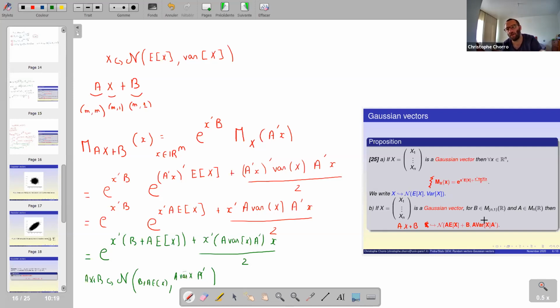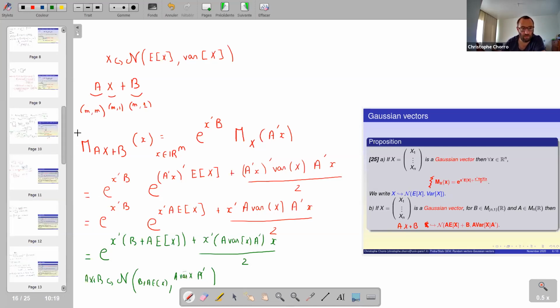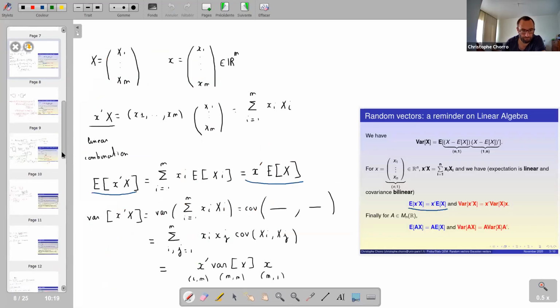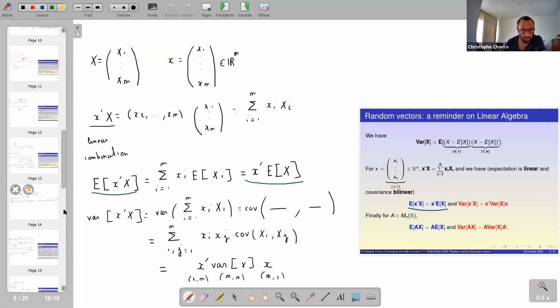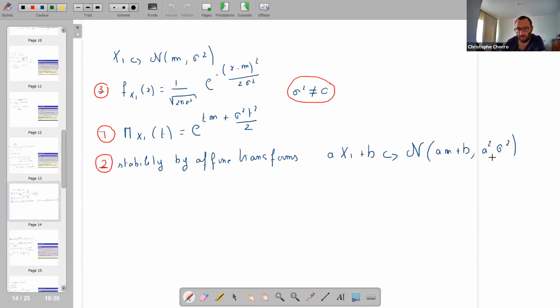So when you linearly or affinely transform a Gaussian vector, you obtain a new Gaussian vector and you know exactly what its characteristics are. It's exactly the analogous of this property here, but when X1 is no more a single Gaussian random variable, but a Gaussian vector.